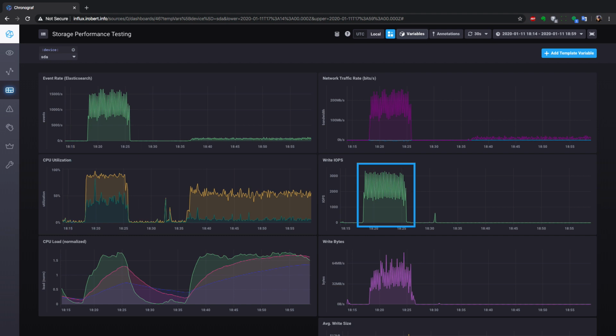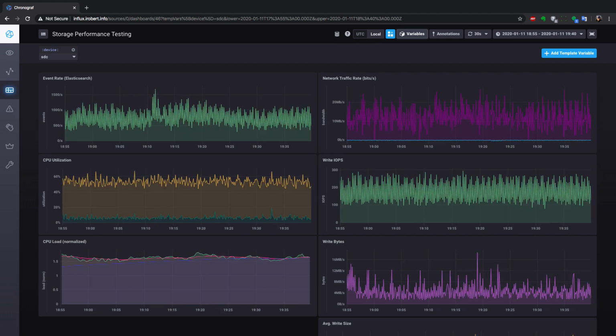Even over here on the IOPS, it's very similar, a little over 2,000 IOPS. The similarity between the NVMe drive and the single SATA SSD is really surprising. I have to admit that I expected the Samsung drive to have a margin of victory here of maybe 40 to 50%, but that hasn't really played itself out in the raw numbers.